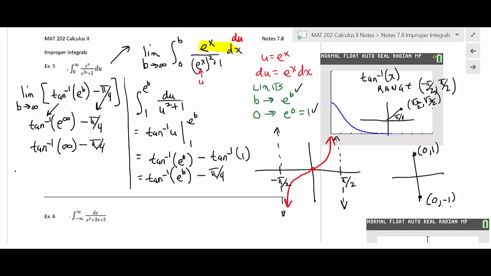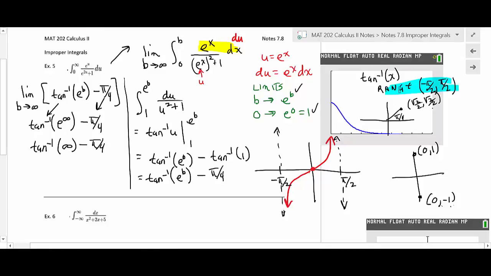Is it because it's undefined, infinity, tangent inverse? What's that? Or not pi over 4, pi over 2. What'd you say? Oh, so you said the tangent inverse of infinity is going to be pi over 2? Pi over 2, yes. Okay, because what is the tangent real close to pi over 2? It's going to infinity, right? And remember, the range of an inverse tangent is this.